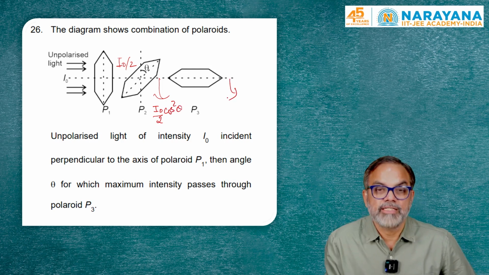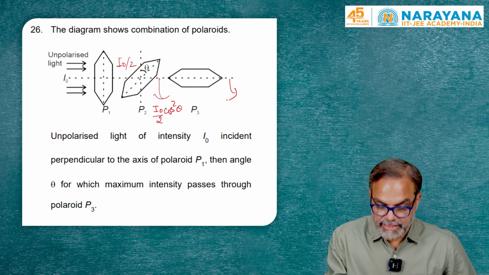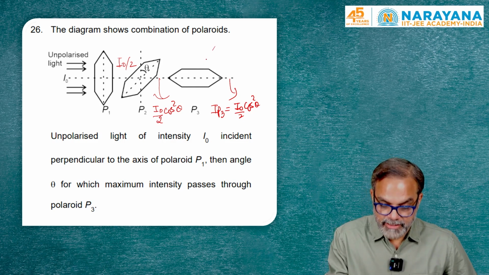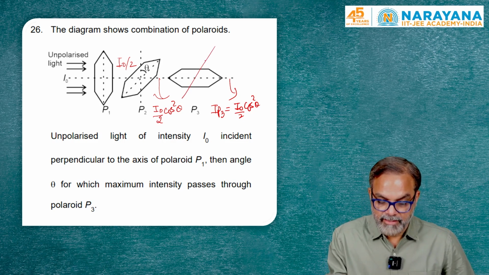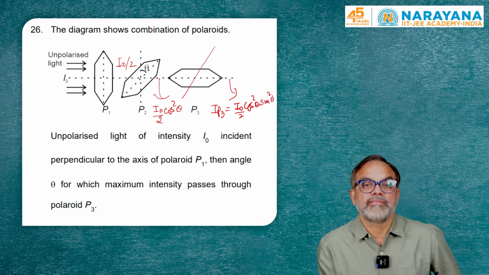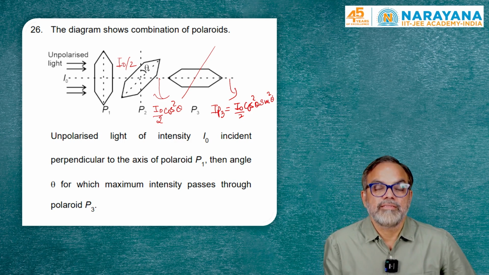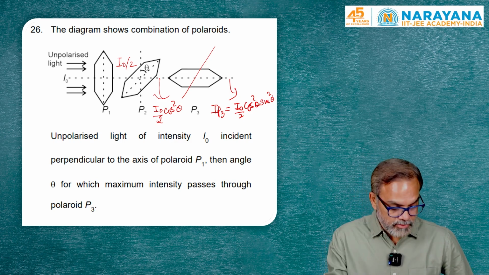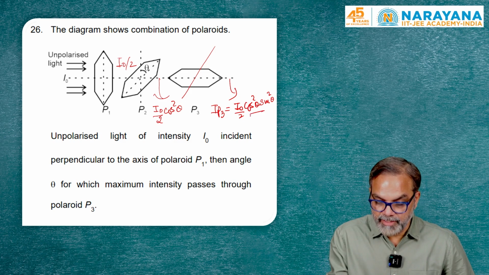And after passing through this polaroid, that intensity IP3 becomes I naught by 2 cos square theta, right? And here you can see that this angle will be, again, this will become sine square theta. These are your pass axis, so we have to be very alert.